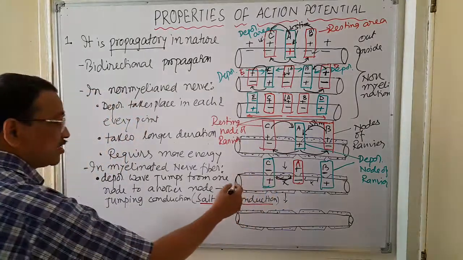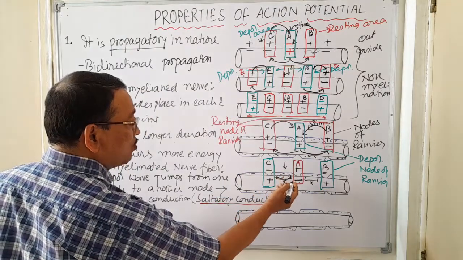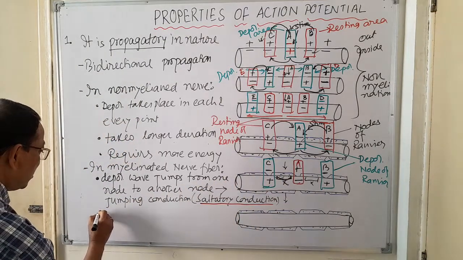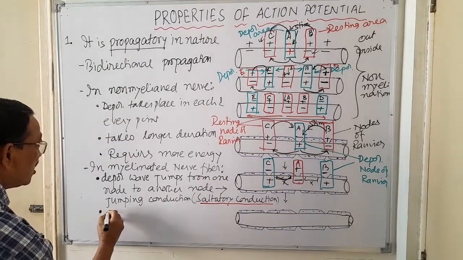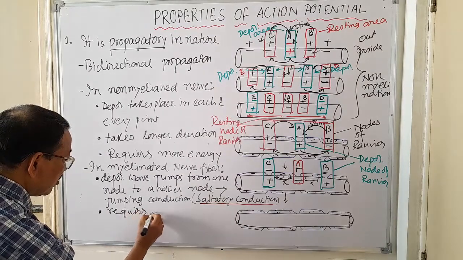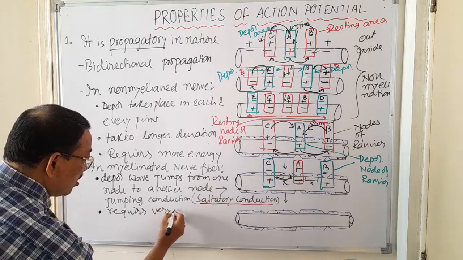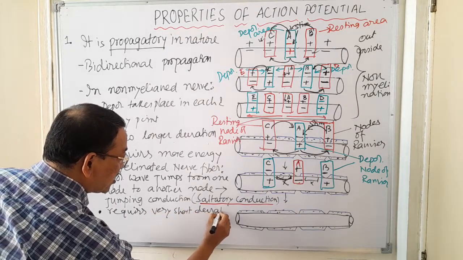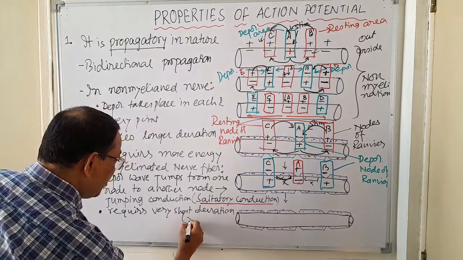As there is no need to pass the action potential to each and every point, this type of propagation requires a very short duration, or is rapid in nature, very rapid.